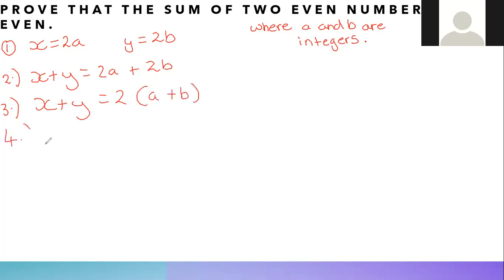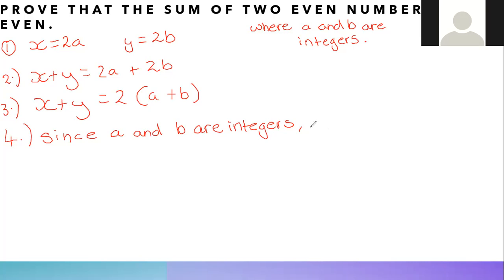Step 4. Well, we can say here, since a and b are integers, a plus b is also an integer.